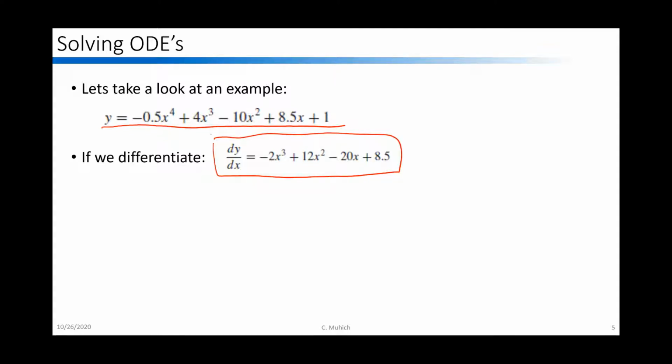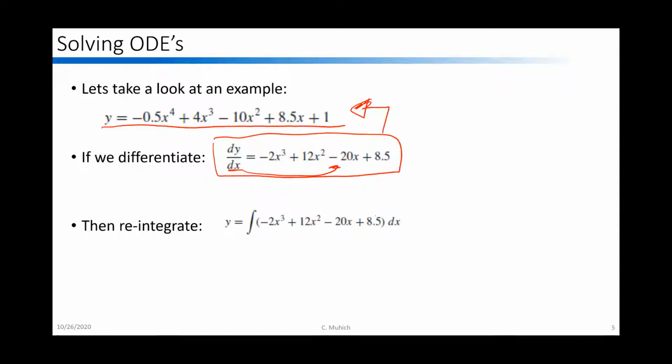Oftentimes in science, engineering, math, in solving these problems, we have this form of the differential equation and we want to go backwards. In order to do that, we can move this dx term onto this side of the equation by multiplying through by dx and then integrating this out. So we could say y is the integral of negative 2x cubed plus 12x squared minus 20x plus 8.5 dx.